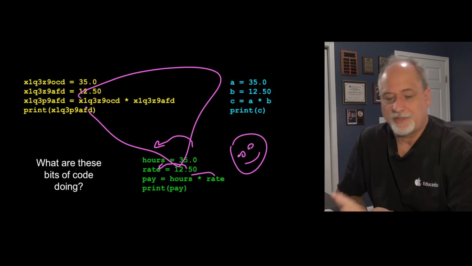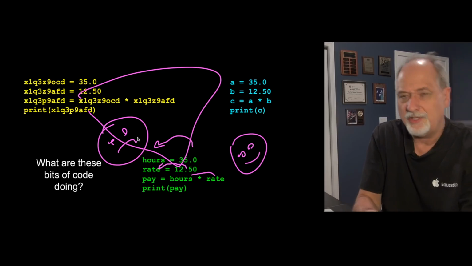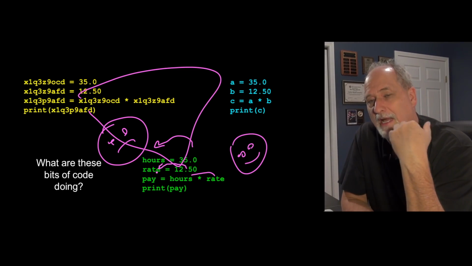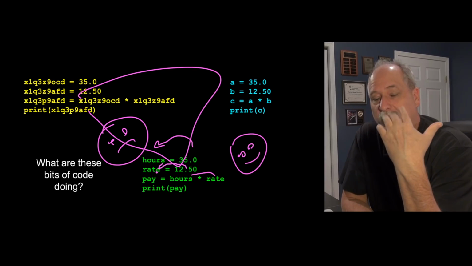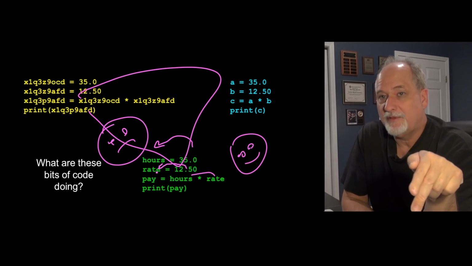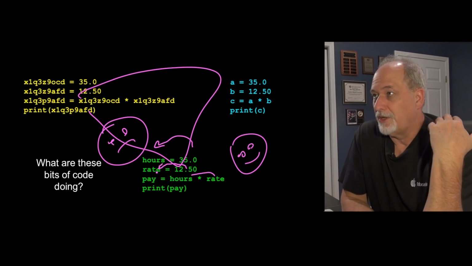The danger is, if you read this and think that somehow Python understands payroll, that if you name a variable hours, Python knows what hours means. The answer is, Python really doesn't care what you name the variable as long as you use it consistently. So you've got to be careful.